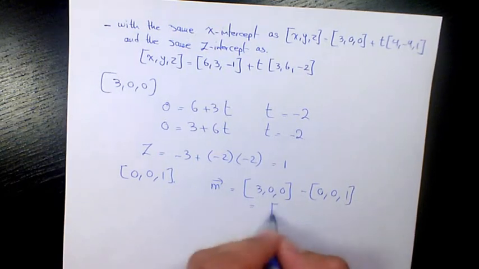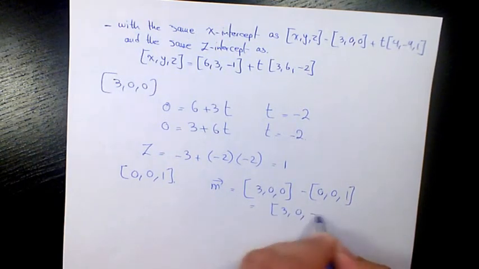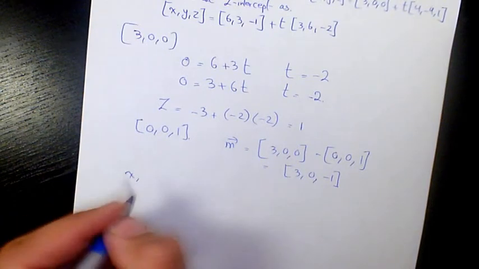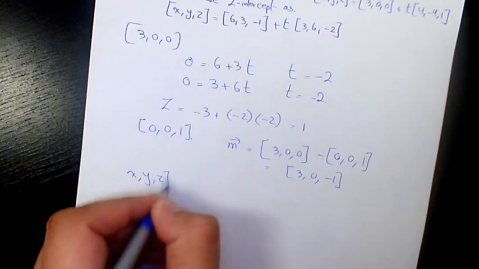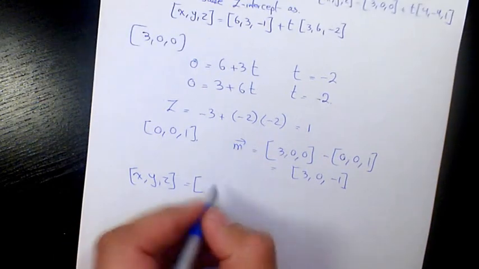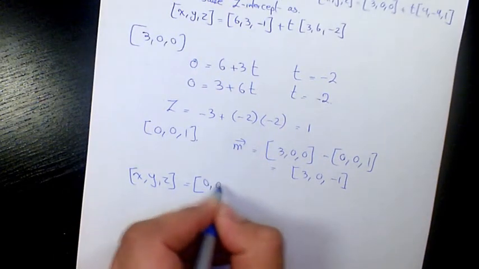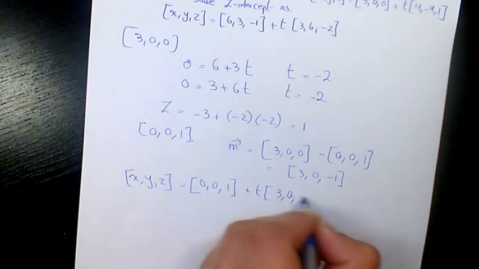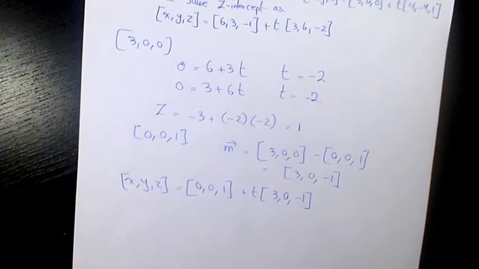That will make it (3, 0, -1). That's the direction. So the vector form is going to be (0, 0, 1) plus t times (3, 0, -1). That's the final answer.